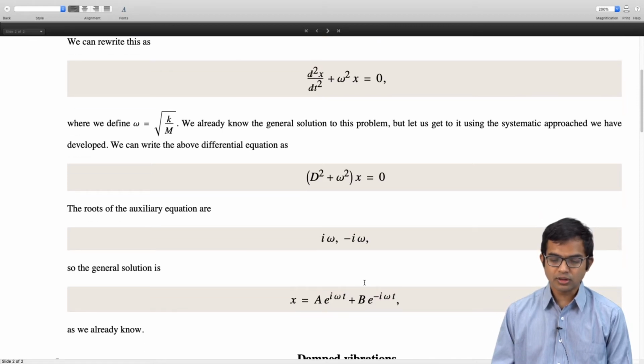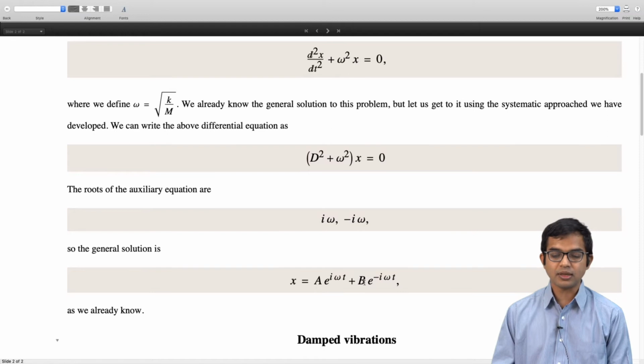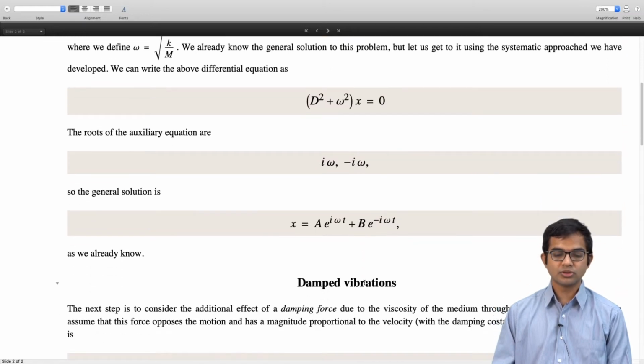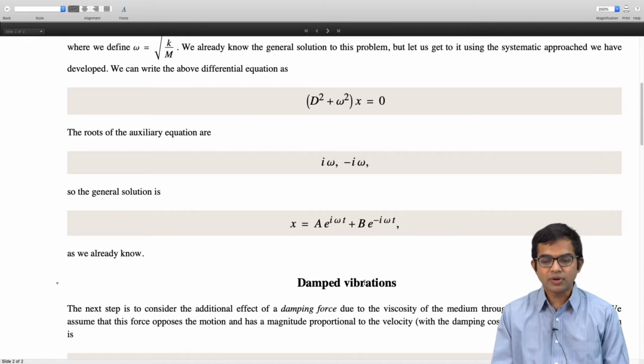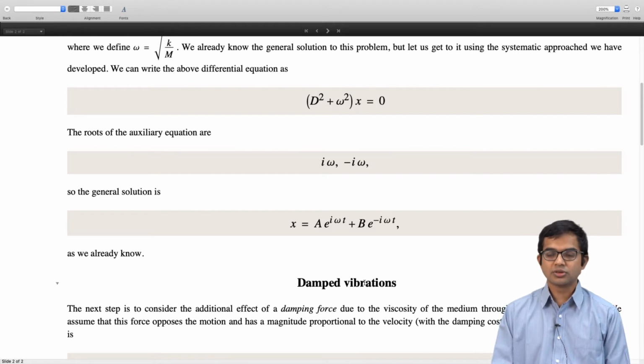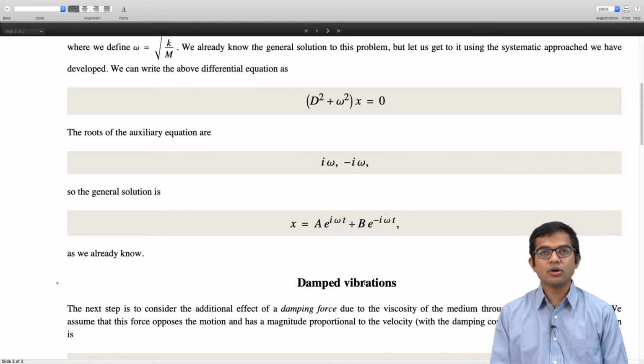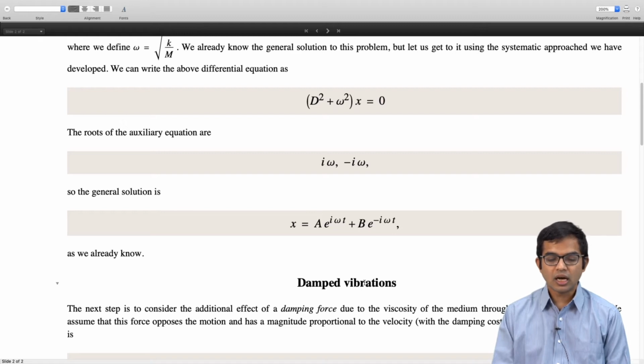Now if we introduce some damping into our problem. So you have a damping force, which is a frictional force which comes in if your medium has some viscosity associated with it. So the faster your particle is moving, the greater is this frictional force.